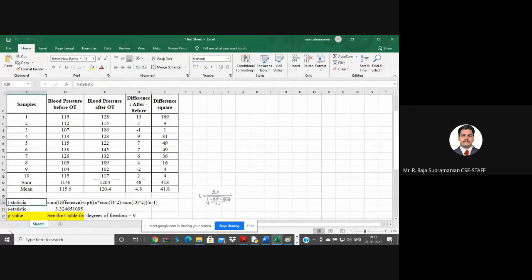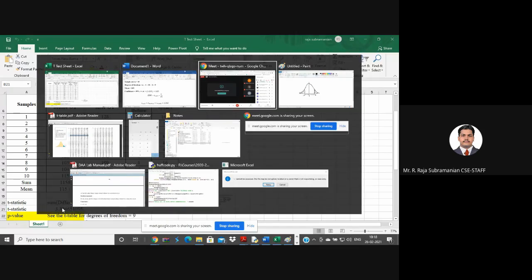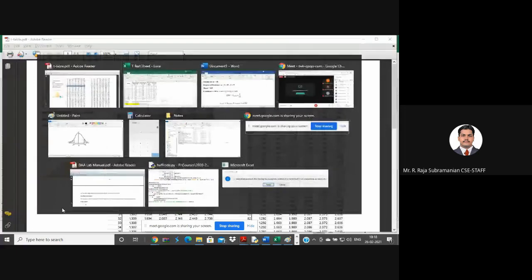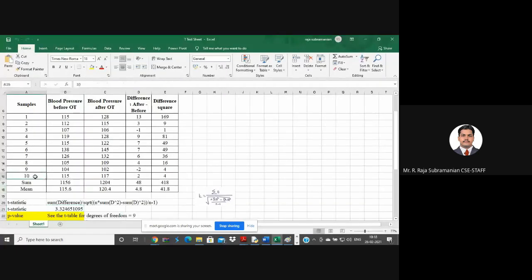The t statistic value is calculated from a formula. Now if we got some 3.32, my values may range based on this. If I get the t statistic, then I go to my t table. What are the degrees of freedom here?